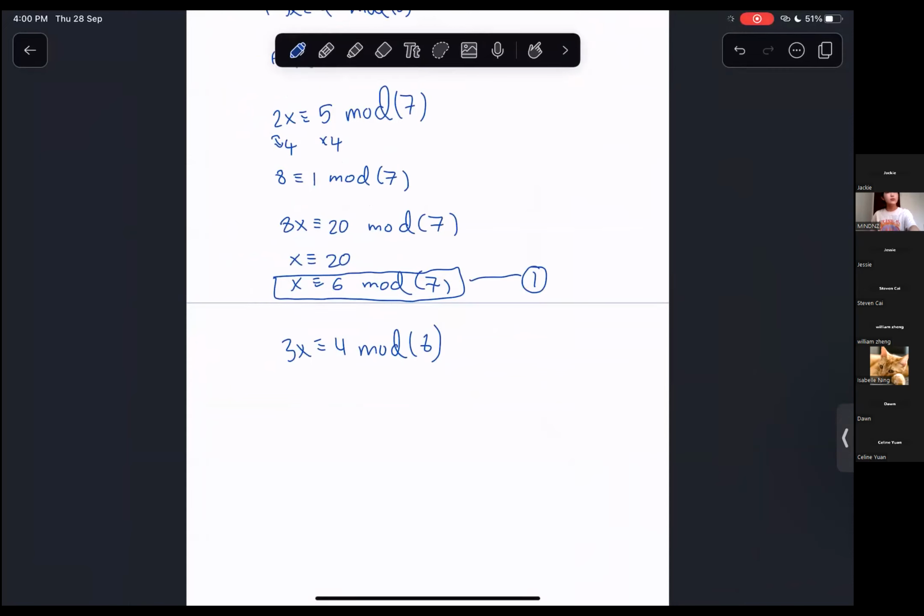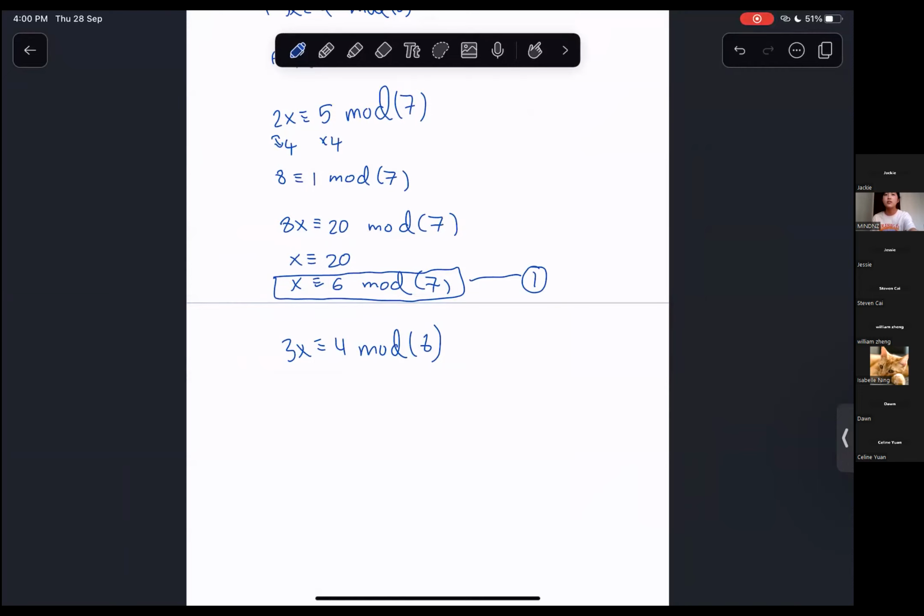Use the same process we did before. We want to make the coefficient into 1, but right now we have 3. So what number is really good that we can times our equation by to get 1? Any ideas?